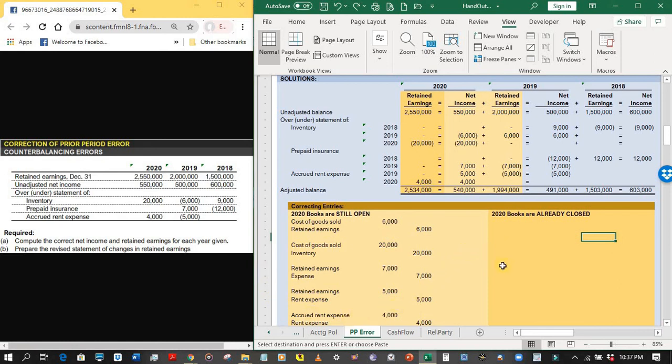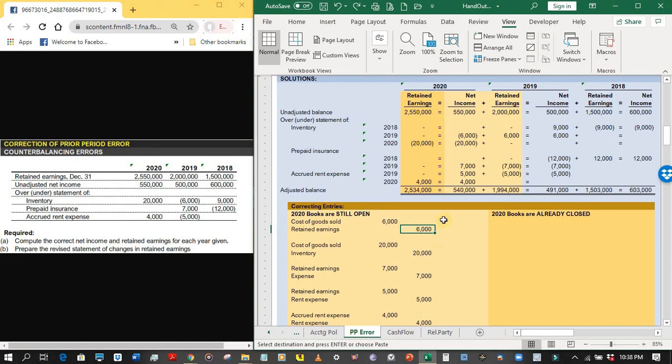So let us start. For the first entry, we have here a debit to cost of goods sold and credit to retained earnings, both for 6,000 pesos. Between the two, cost of goods sold is a nominal account, so if the books are already closed, it will be replaced by retained earnings.